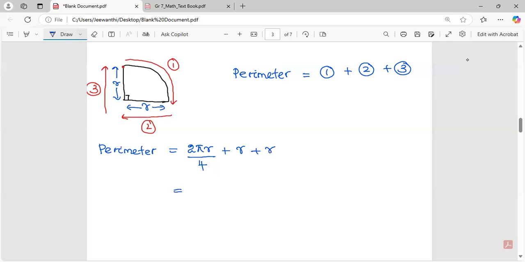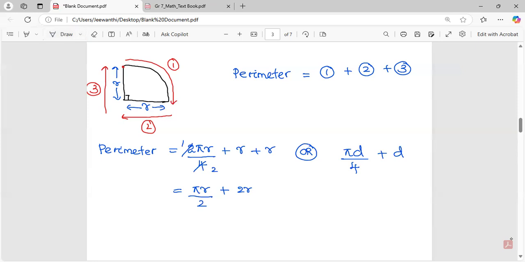Then I can simplify the 2 and the 4, so I can write πr over 2 plus 2r. Or I can write πd, the full circle, divided by 4, plus r plus r, meaning d. So that is the formula for a quarter circle like this. Understand?